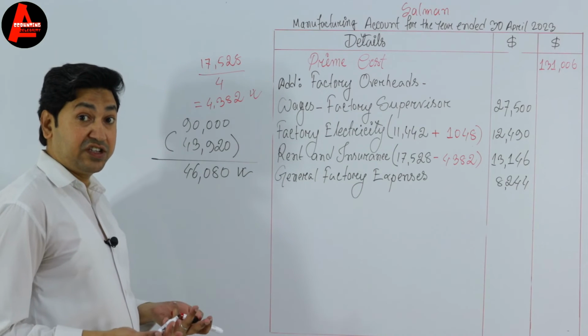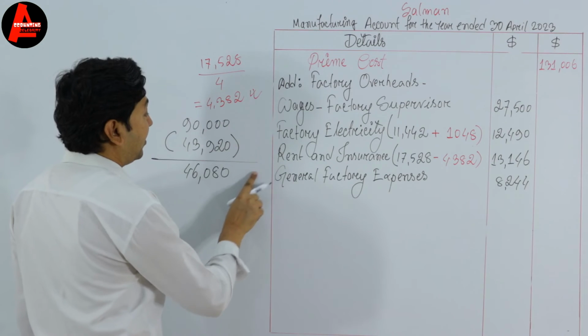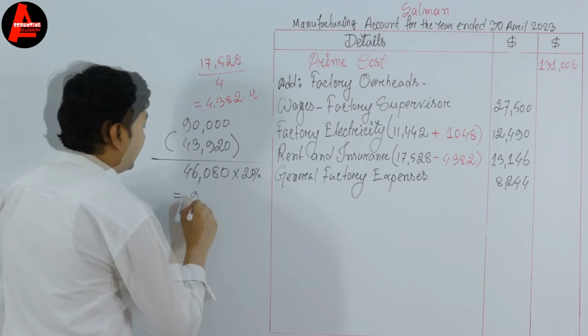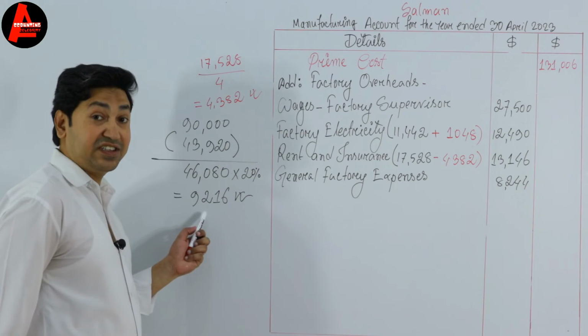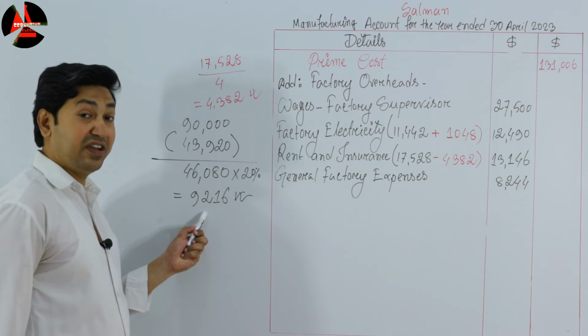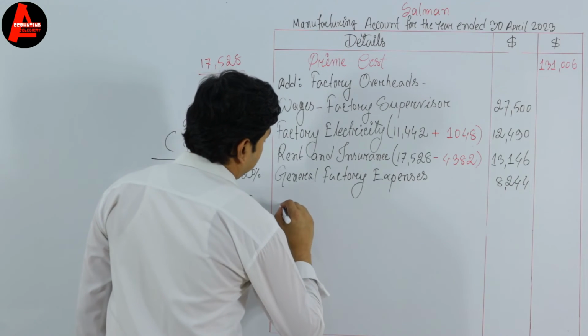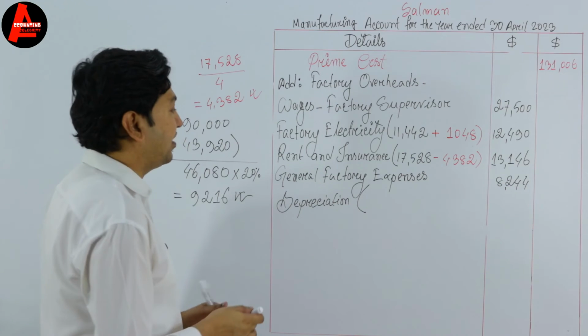Now the rate of depreciation is 20% on the question. So if we multiply 20% here, what you get is $9,216. Okay, so this is our depreciation. So we will write here depreciation. So how we calculate it? Let us write the working here.